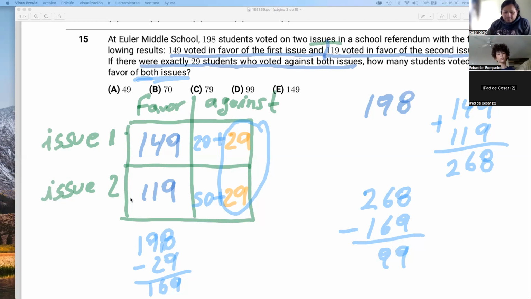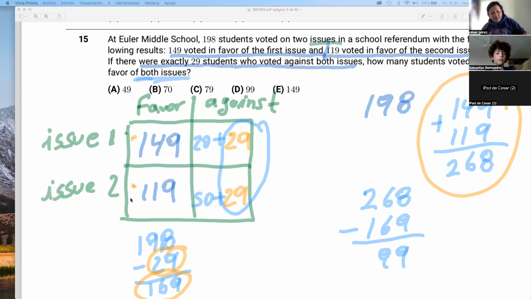Okay, sorry. That was a little difficult for me to make some sense of, because we need that there were 268 in favor of any of this. Okay, we have 29 students that voted against both. Then we have 169 that voted at least for one of the issues.